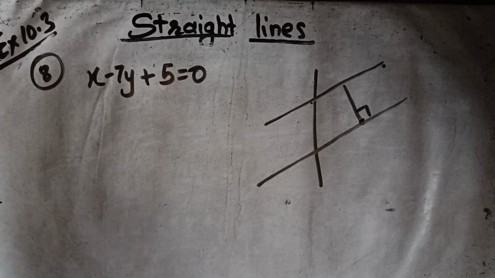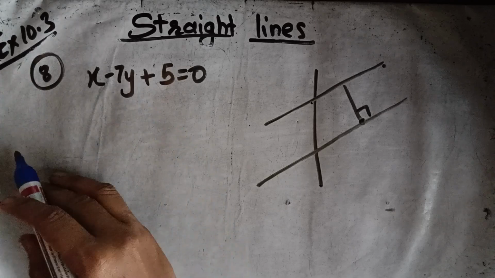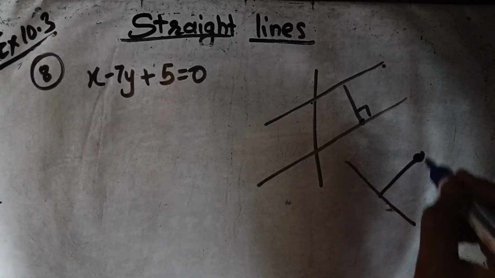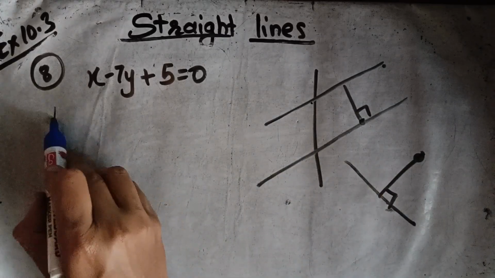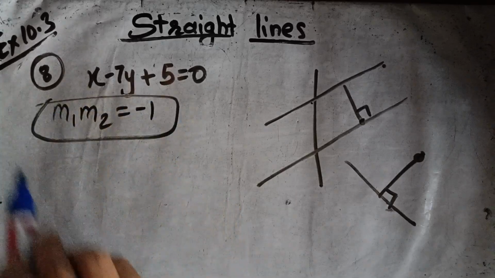So we can use the slope intercept form. Okay. So we know that perpendicular lines have slopes m1, m2 equal to minus 1, this condition, correct?